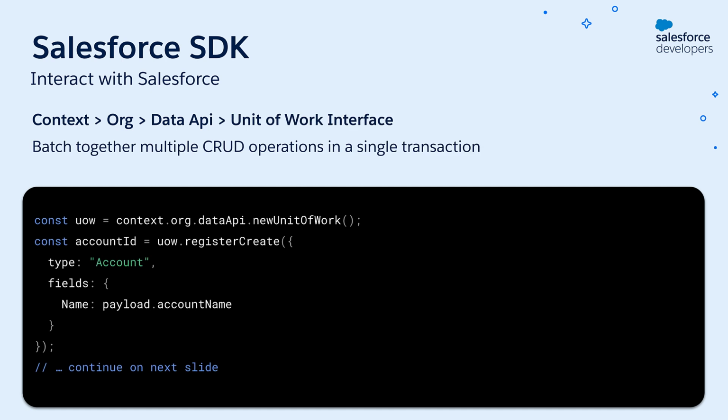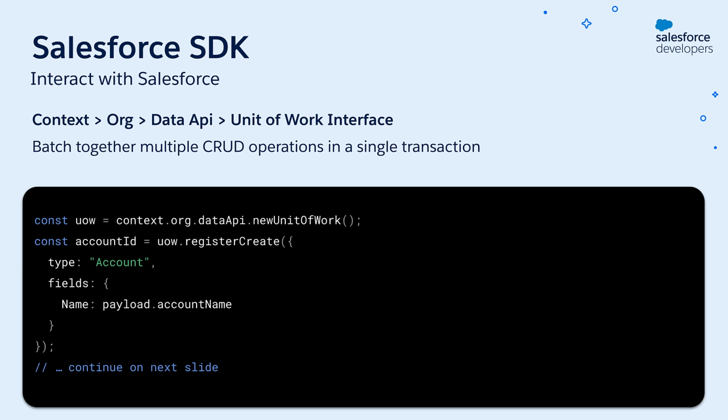The unit of work interface is the one I mentioned that lets you have multiple CRUD operations within a single transaction. If one of those operations fails, the whole transaction is going to be rolled back. First, we will need to create a new unit of work object, and with that object we are going to create multiple operations.